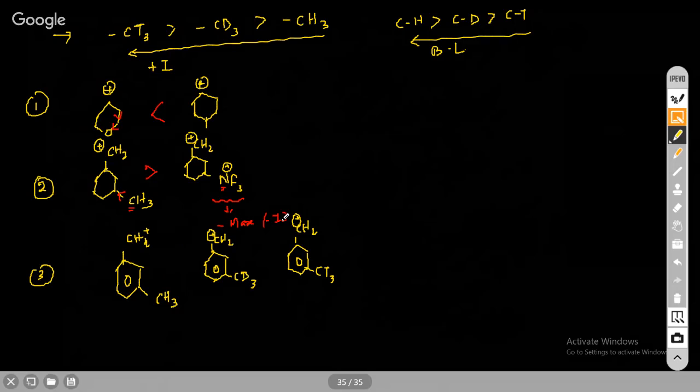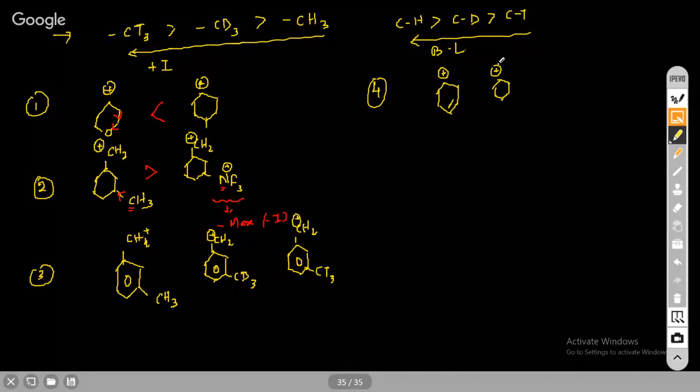Tell me. CH3 is more stable. Why CH3? See, the electron releasing nature of CT3 is maximum compared to CH3 and CD3, the order I've just given you.